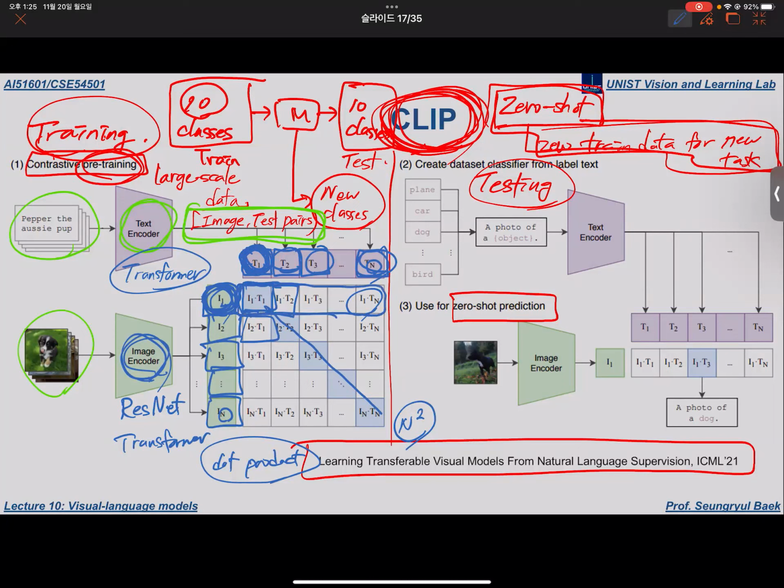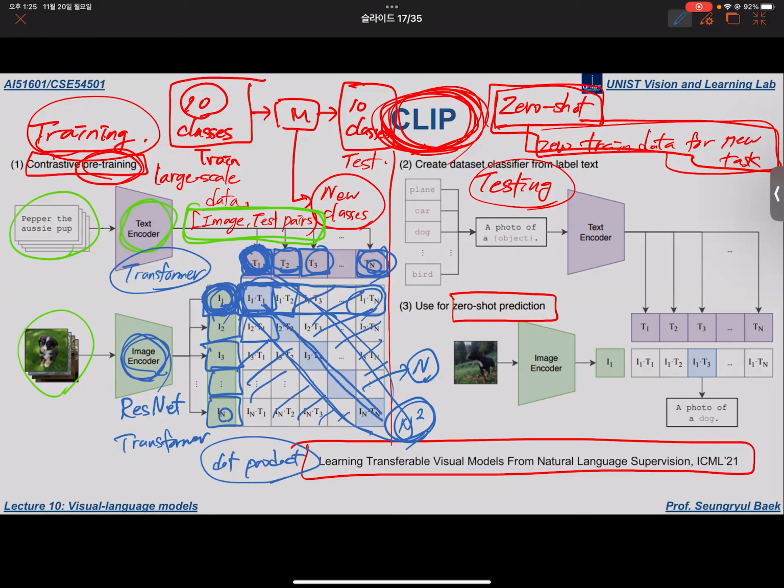Even though we get n squared similarities, we enforce the n similarities on the diagonal to be high and suppress all the others. We suppress all others and highlight the similarities here. That's what we do during the training.